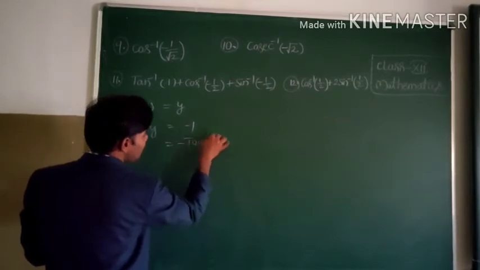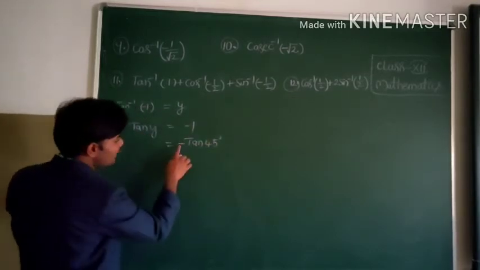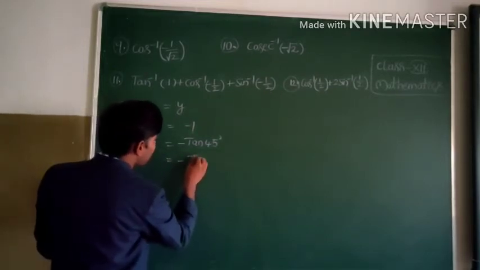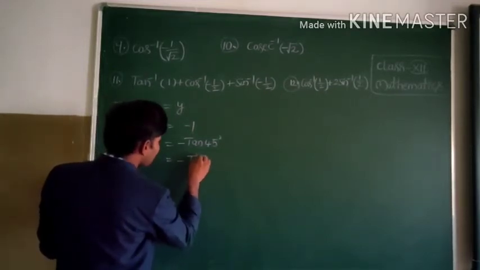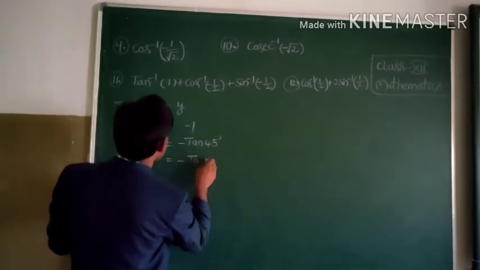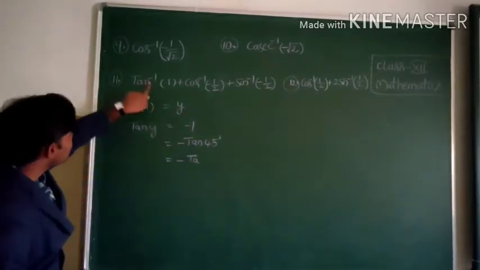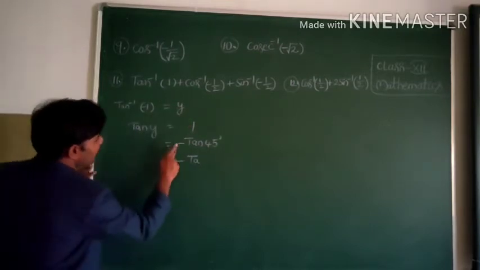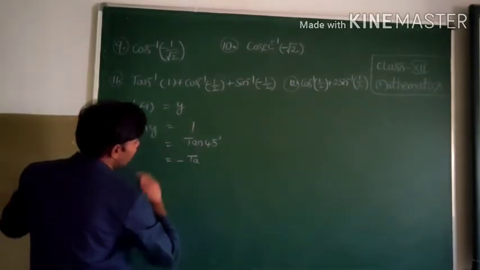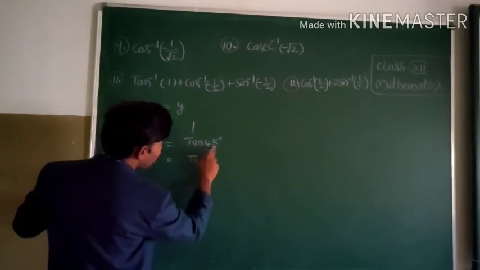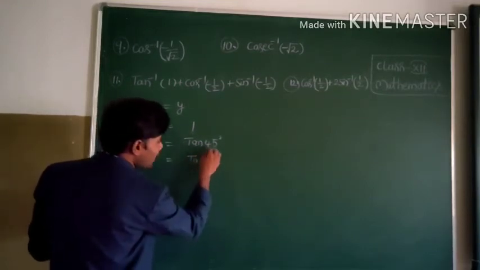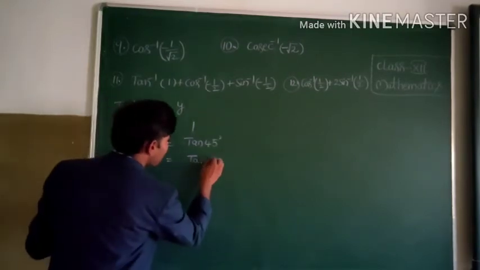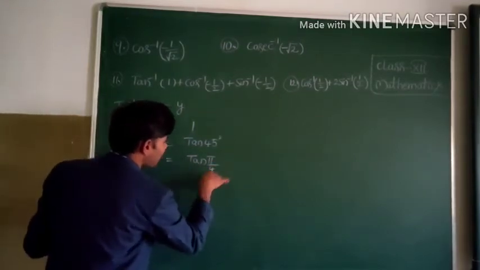Tan 45 degrees value is 1. We already converted 45 degrees into radians, that is pi by 4.